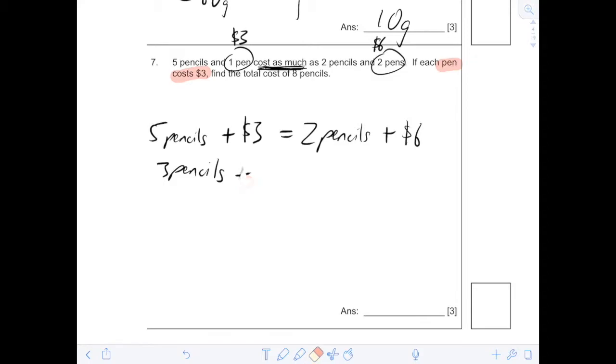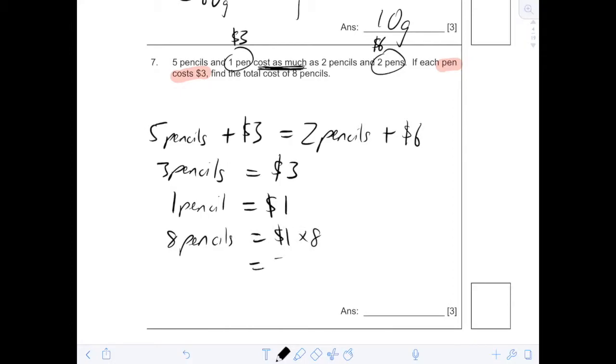After doing it, on the left you get 3 pencils, on the right you get $6 minus 3, which is $3. So 1 pencil is equal to $3 divided by 3, you get $1. And to find the cost of 8 pencils, all you need to do is multiply it by 8. You get $1 times 8, so the answer will be $8.